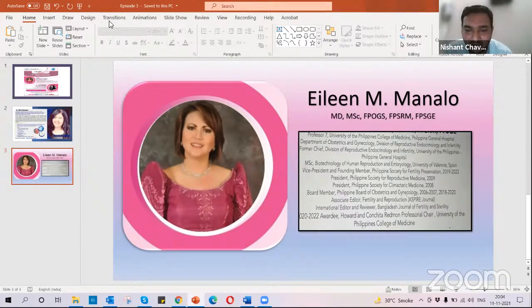Ma'am has done MSc in Biotechnology of Human Reproduction and Embryology from University of Valencia in Spain. Ma'am is currently Vice President and founding member of Philippine Society for Fertility Preservation from 2019 till 2022. Ma'am was president of Philippine Society for Reproductive Medicine in 2009, as well as president for Philippine Society for Climacteric Medicine in 2008. Ma'am was also board member of Philippine Board of Obstetrics and Gynecology from 2006 to 2007, as well as in 2018 to 2020.